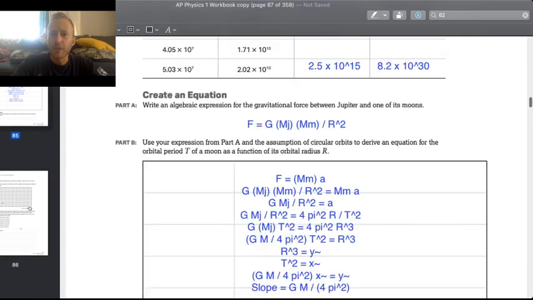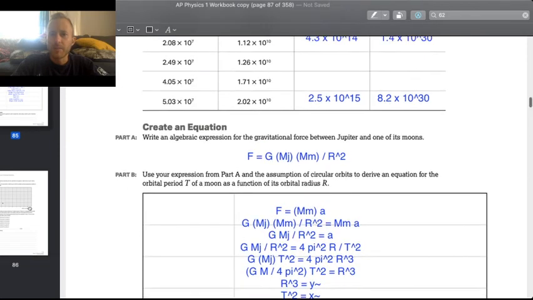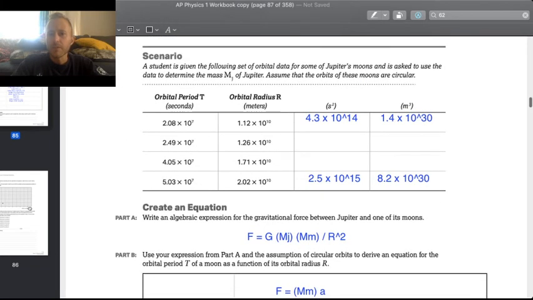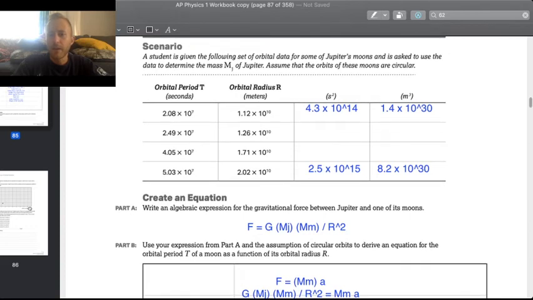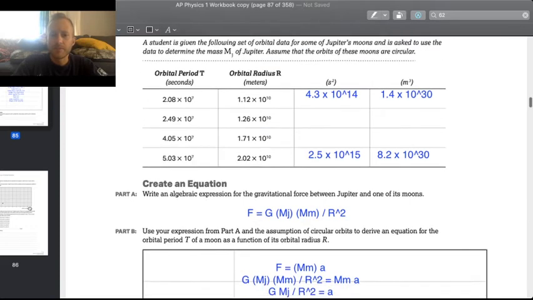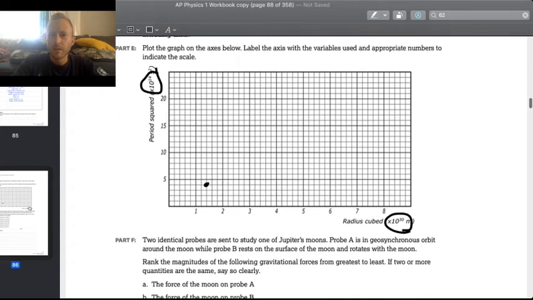Now for my last one, I have 25 and 8.2. So 8.2 and 25, so the last one is right here. And we can see that I have a, whoa, like that.